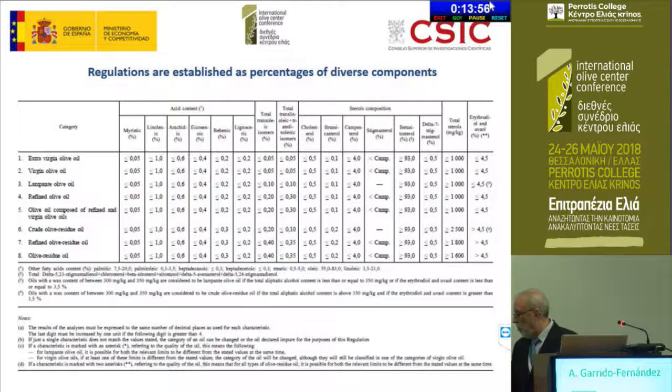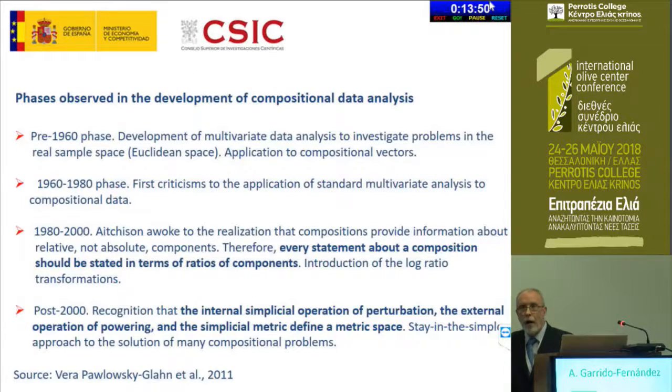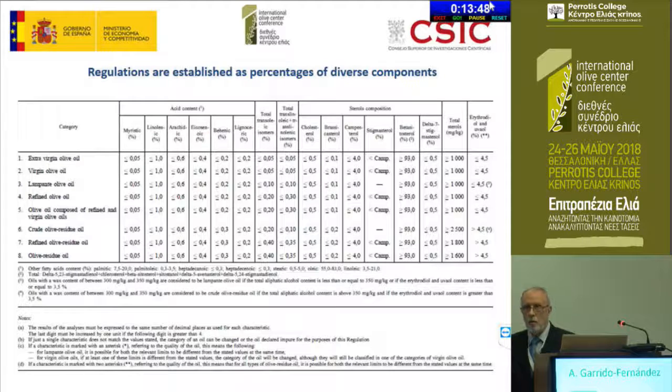All of them are established in percentage. What happens if you change the percentage of any fatty acid? Automatically, the others also change. Then, in my opinion, this is not an appropriate table for establishing limits.